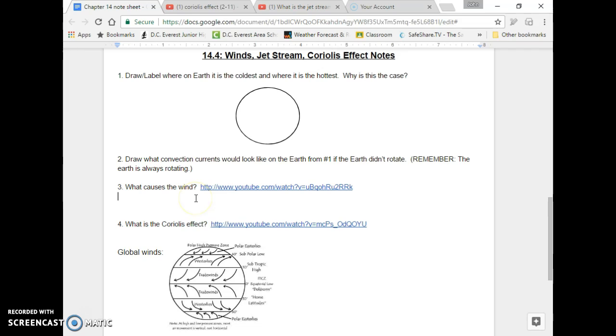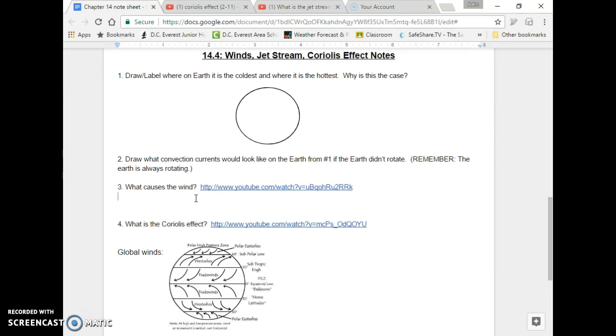Okay, so the ultimate cause of the wind then is an uneven heating of the Earth's surface. Okay, so the root cause of wind is actually temperature. All right, you have hot areas and you have cold areas. Cold air is very dense, so that creates high pressure, and in hot areas the air is less dense, therefore creating low pressure.